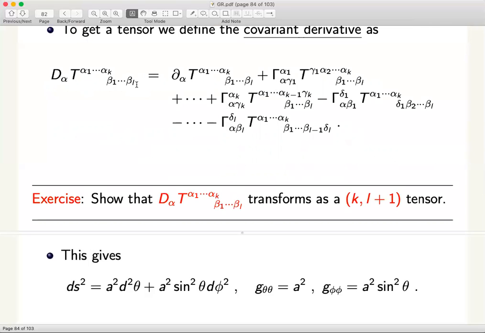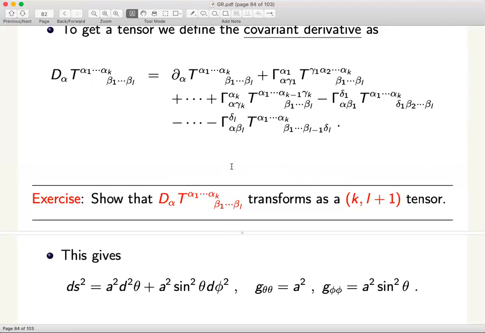That is the input; you don't have to derive it, because that is just the definition. Once you assume that this transforms like a k comma L tensor, then with this definition you need to show that d alpha acting on T alpha 1 dot dot alpha k beta 1 dot dot beta L transforms like a k comma L plus 1 tensor, that means k contravariant and L plus 1 covariant indices.